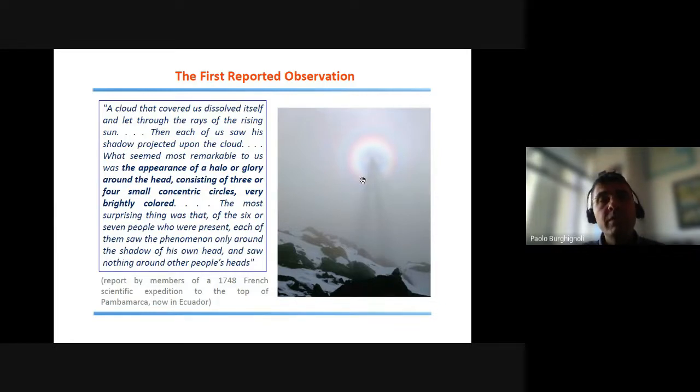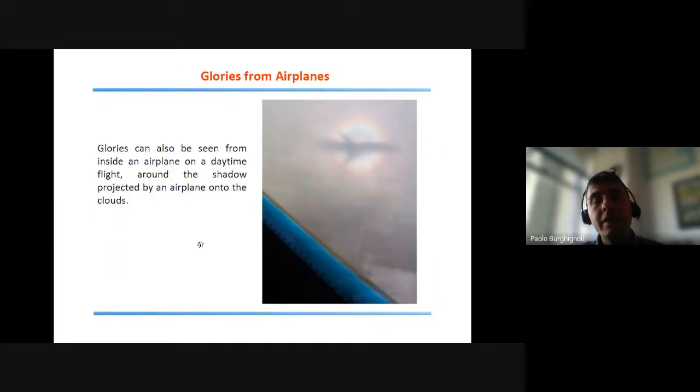You can also observe glories if you are on an airplane, if you are lucky, if you are close to a glass window, because if you see the shadow of the airplane projected onto a cloud, and if you are observing in the direction opposite to the sun, you will be able to see the very same phenomenon, that is, this circular colored ring around the center of the shadow.